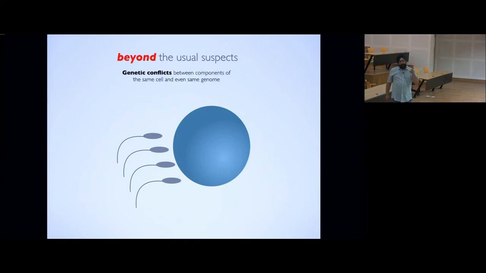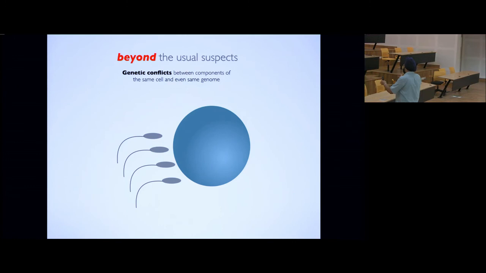The maximum intensity of selection for sperm is what? Fighting other sperm to the egg, right? That's an intense competition. The whole game for sperm is to be the one that actually ends up fertilizing the egg. That's the game. If it doesn't do so, try again in another 1,000 years, right? So the whole game for sperm is to be the one that fertilizes the egg.